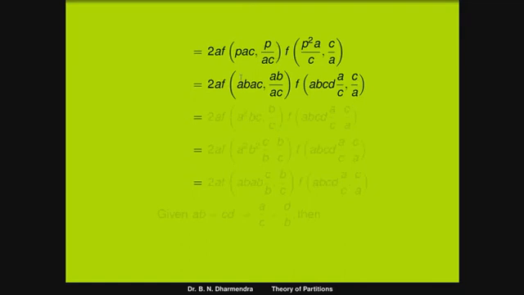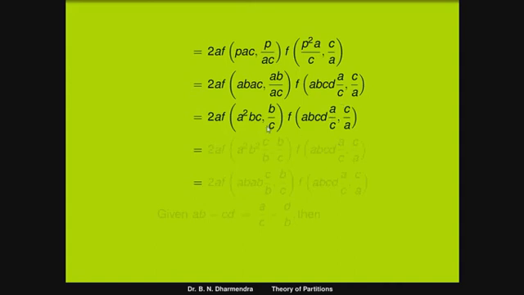We can cancel the term a here, and the remaining term is a square into bc. You can observe it is 2 times f of (a square into bc, comma b by c) into f of (abcd a by c, comma c by a).